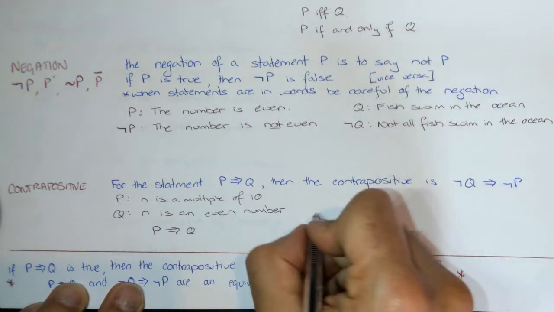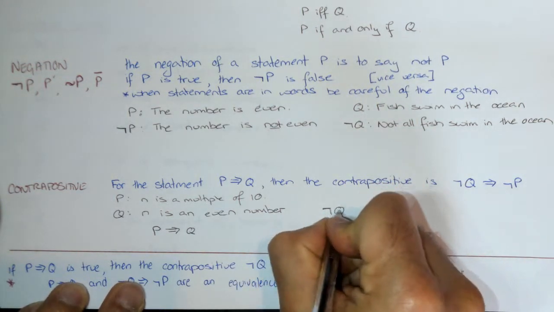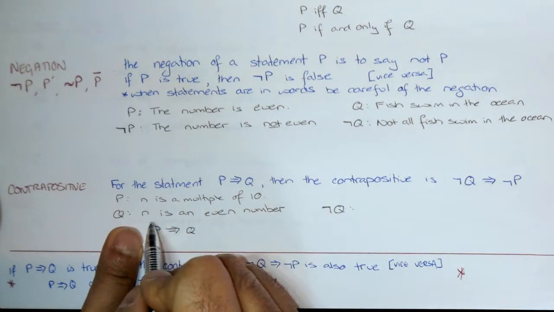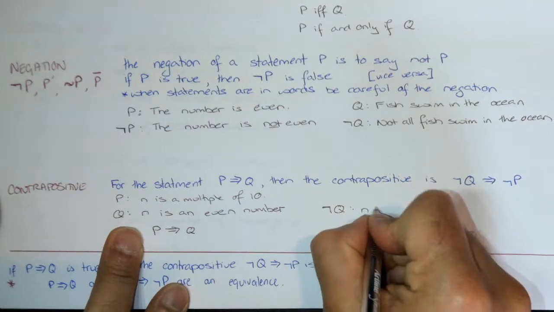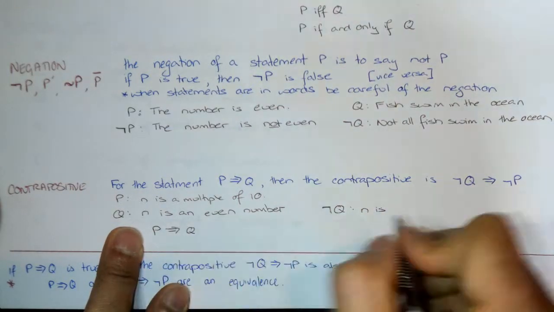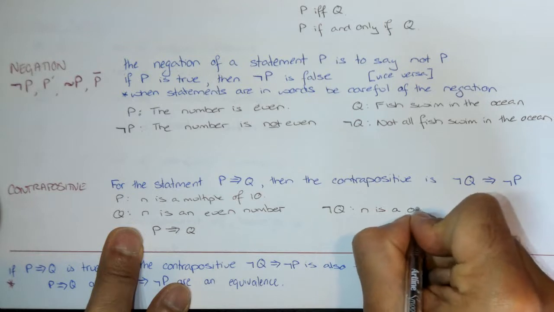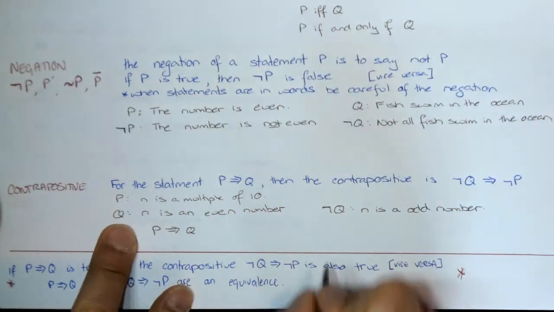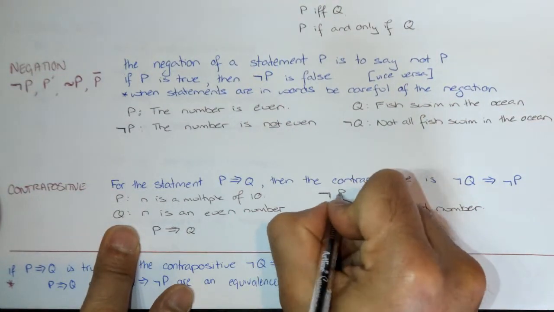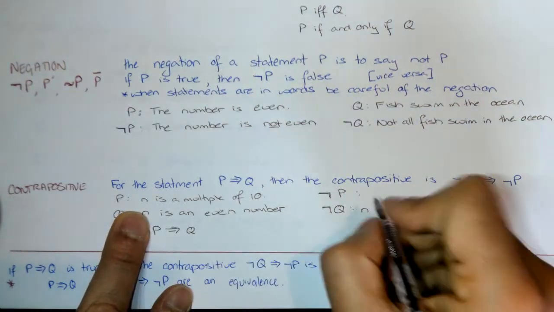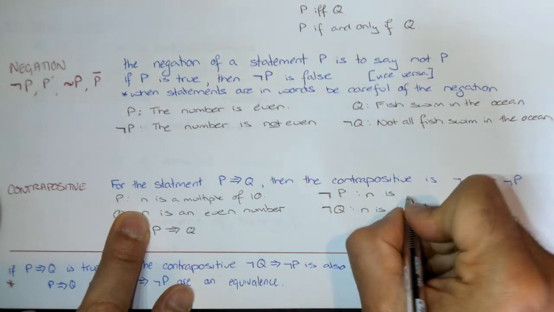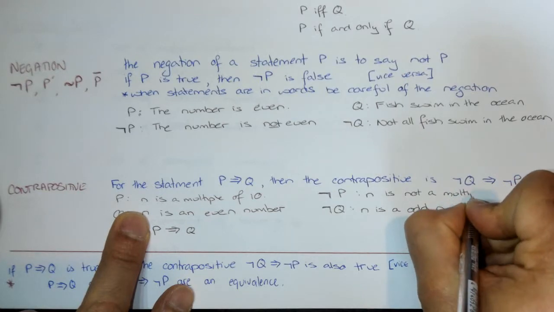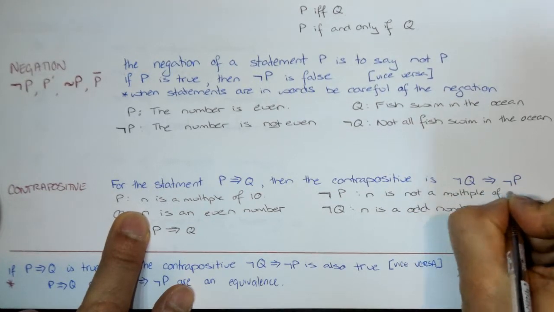If we do the contrapositive, the negation of Q, "n is an even number," is "n is an odd number," and the negation of P, "n is a multiple of 10," is "n is not a multiple of 10."